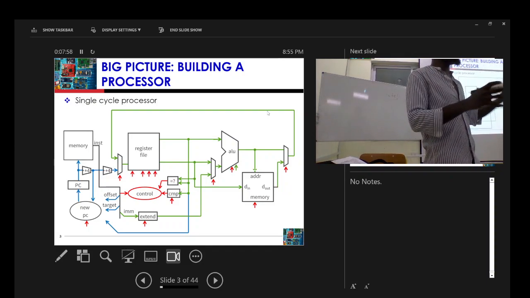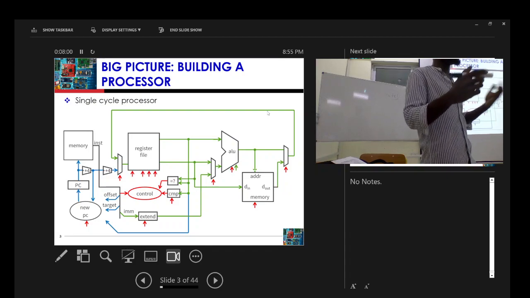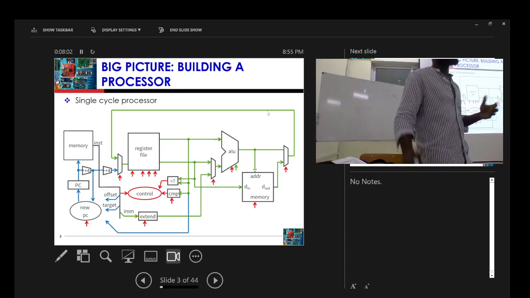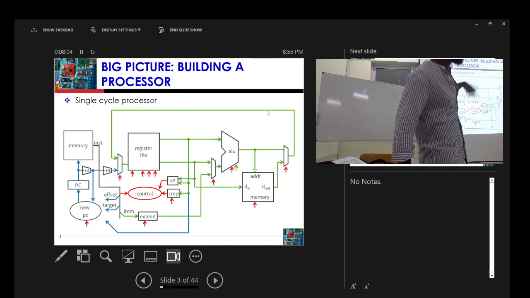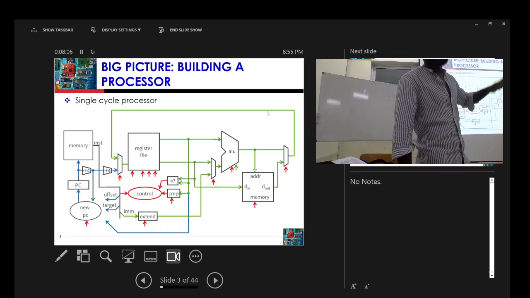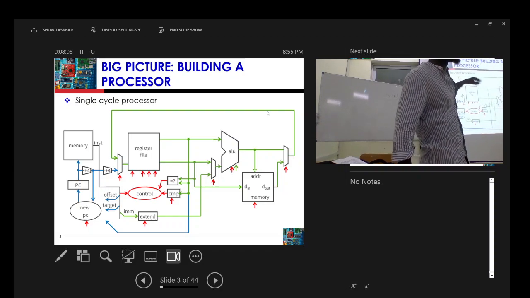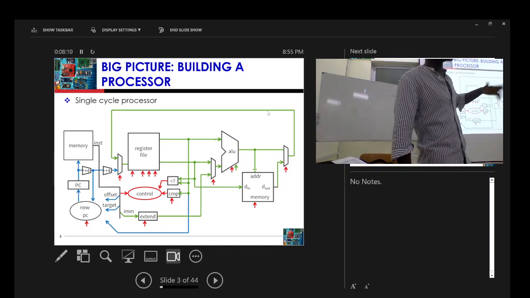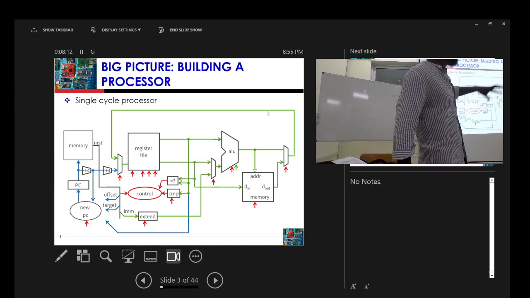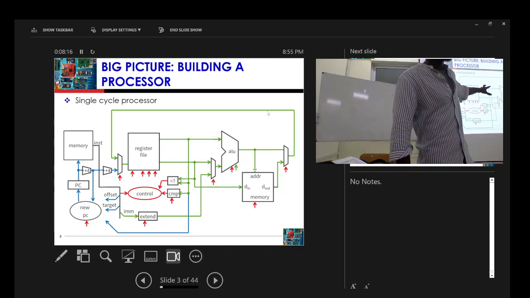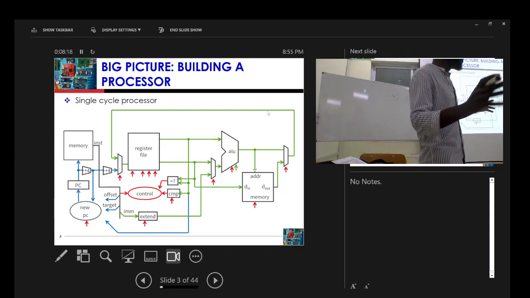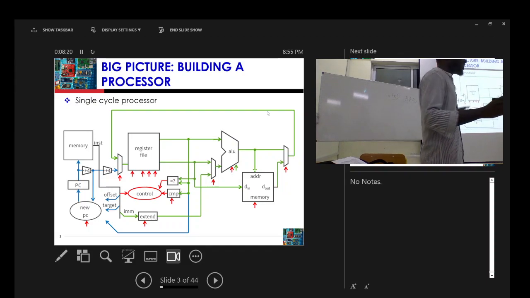But the way it is arranged is what makes the difference, right? RISC-V has its own arrangement, the Intel ones arrange it their way, and the ARM ones arrange it their way. That's the only difference, but the components here are exactly the same. Understood?